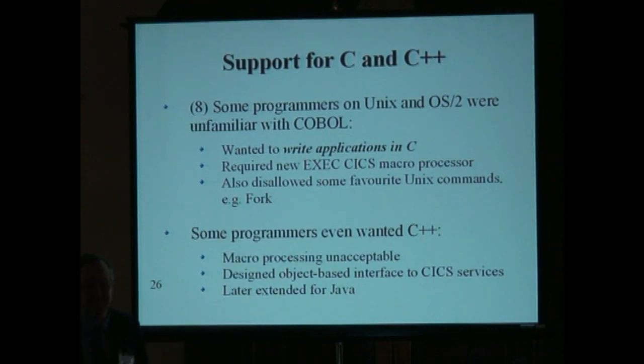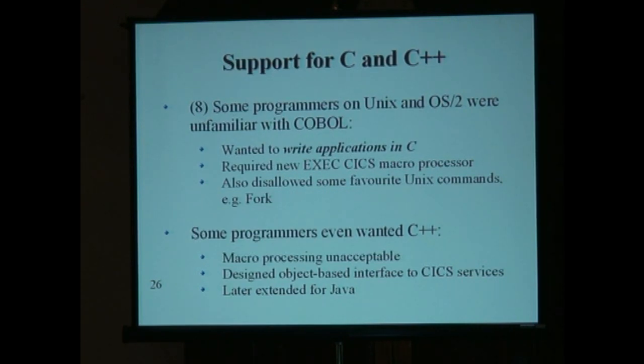Fork is the Unix command that starts up a new process. You weren't allowed to do that in a CICS application. And for the guys who wanted C++, we had to design an object-based interface to replace all that pre-processing, which we did.